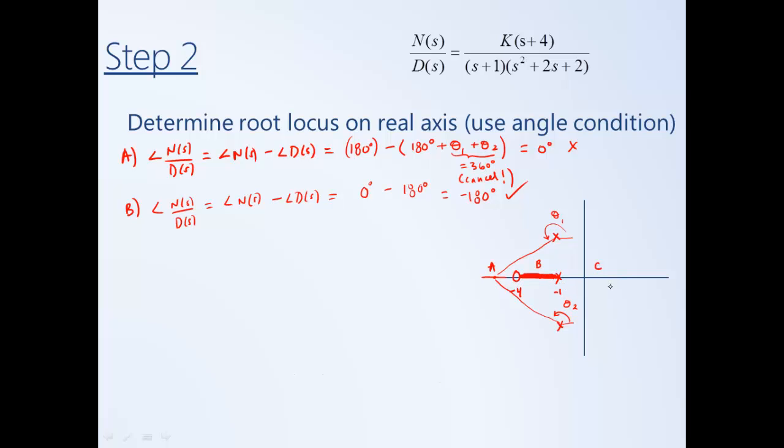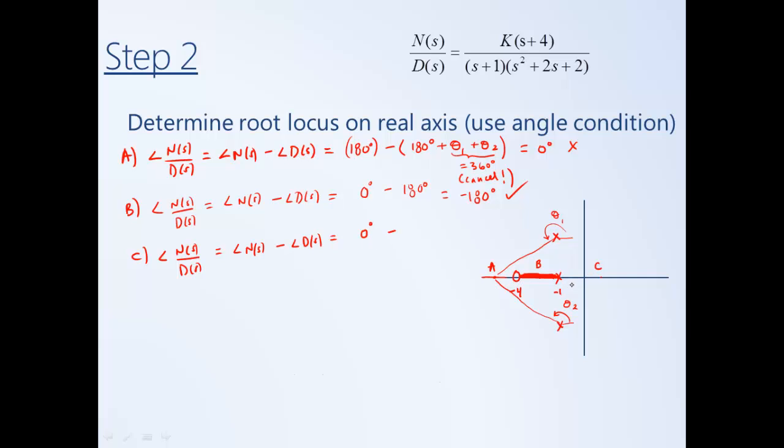We then test a point in region C. Same condition. Look at the angles from zeros and subtract the angles from poles. So if we draw a vector from that 0 to a test point in region C, that's in that direction, which is equal to 0 degrees.